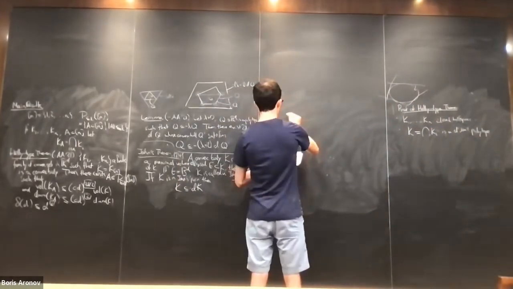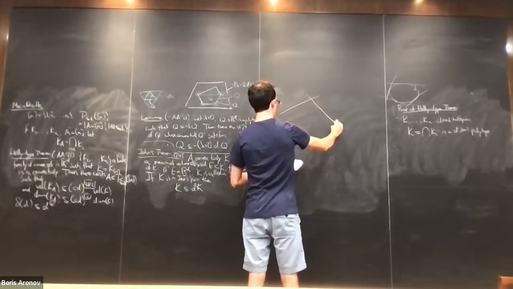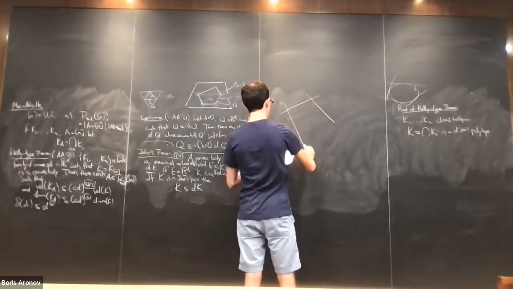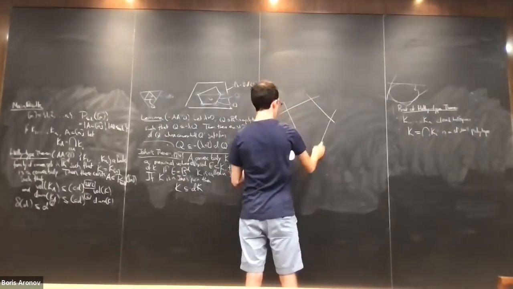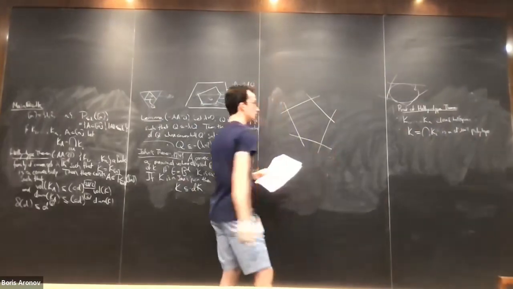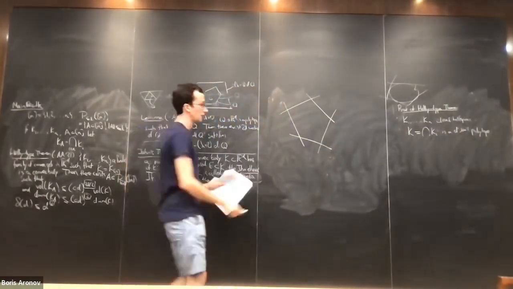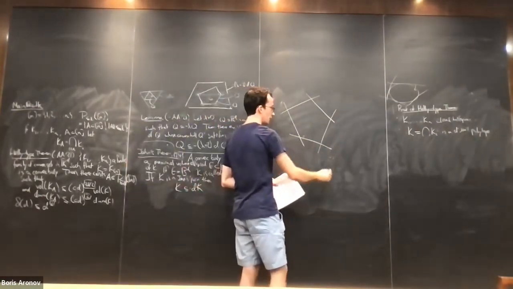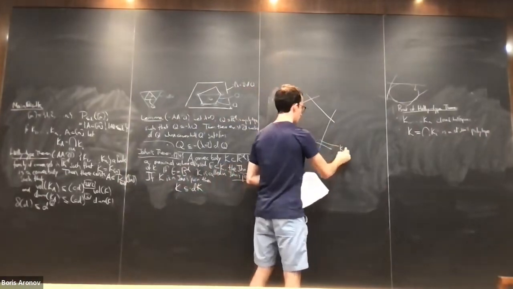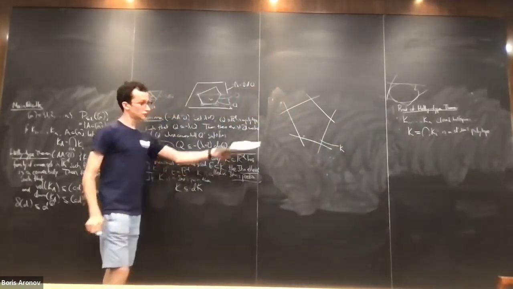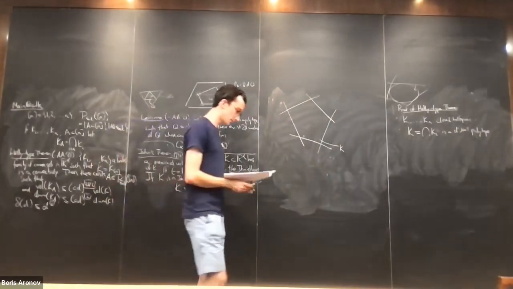So maybe this is what it looks like, and these half spaces all point inwards. So K is a pentagon here.